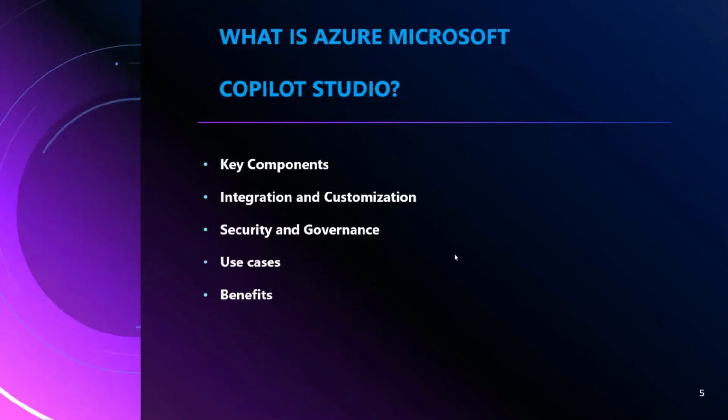Then coming to Microsoft Copilot Studio, which is a powerful low-code platform that allows users to create and customize AI-powered agents to specific business needs. Some of the key features: custom AI agents, then integration, it can connect with over 1,500 pre-built data connectors across Microsoft and non-Microsoft data sources.